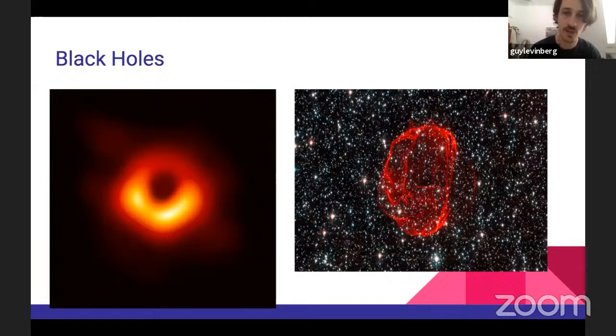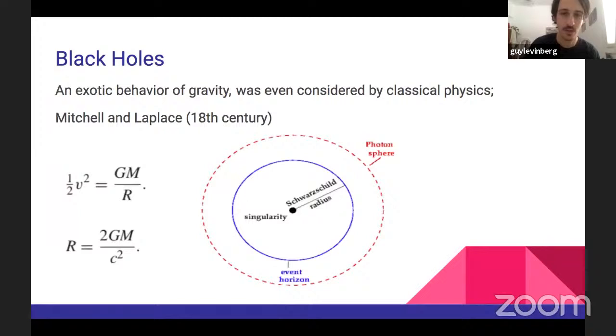The picture on the right is from the Hubble telescope of remnants of a supernova, and the picture on the left is very famous, the first image of a black hole. It is said that any matter or radiation inside a certain sphere of the black hole cannot possibly exit it, so it falls out of our causal connection.